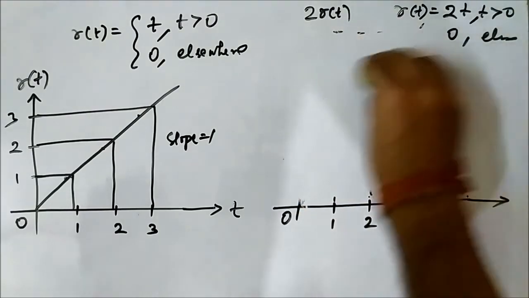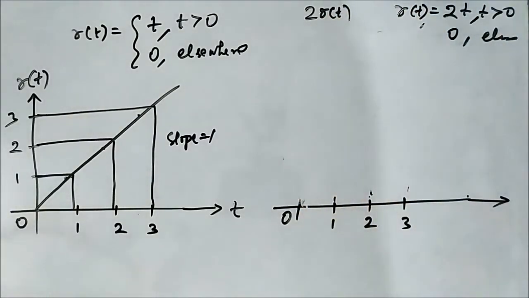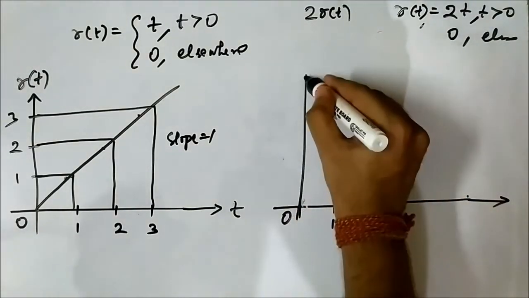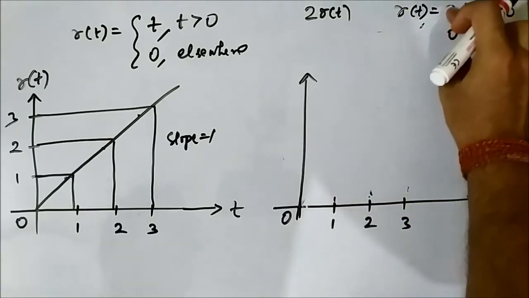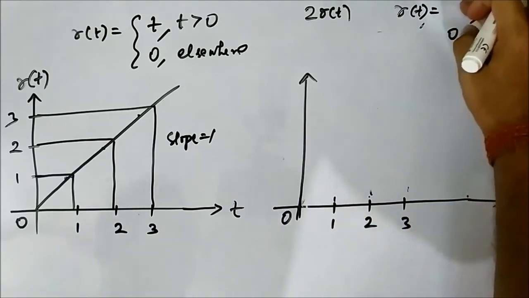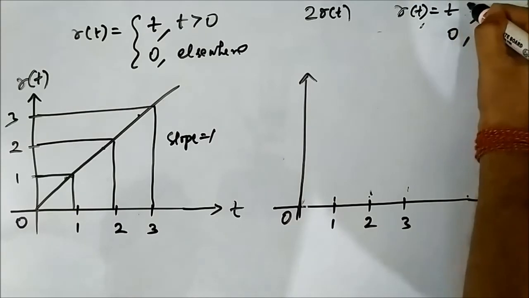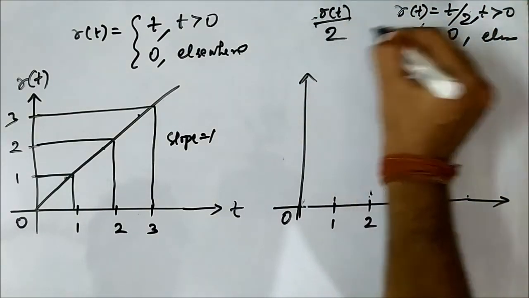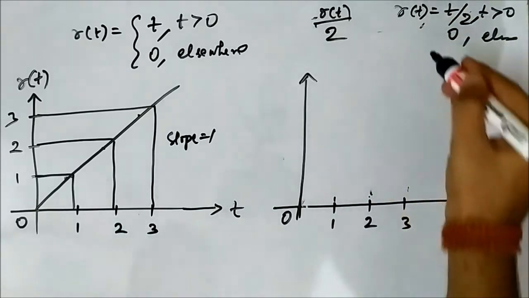Similarly, if we perform a scaling down operation, let's say r(t) by 2, here it will become t by 2.